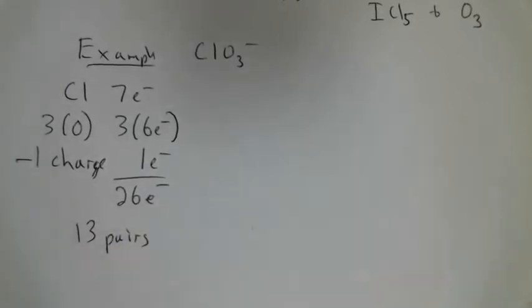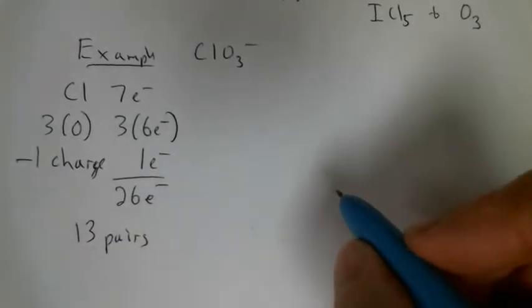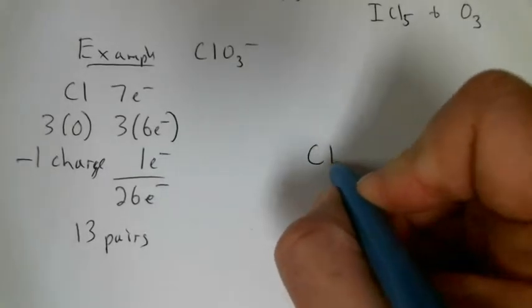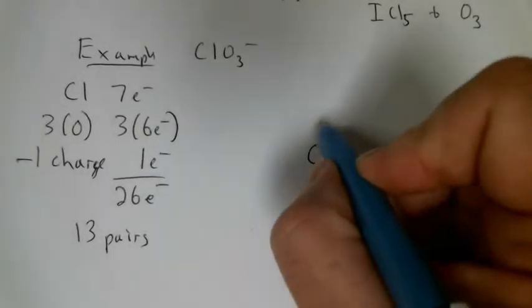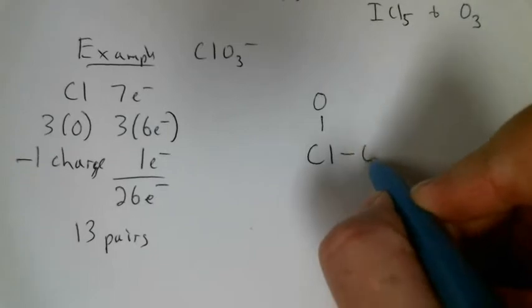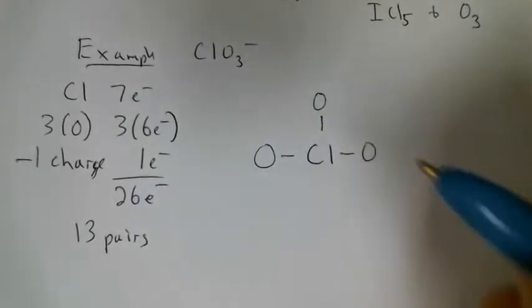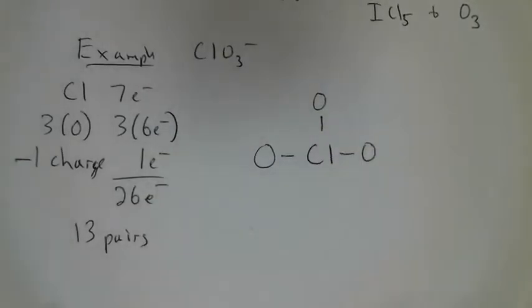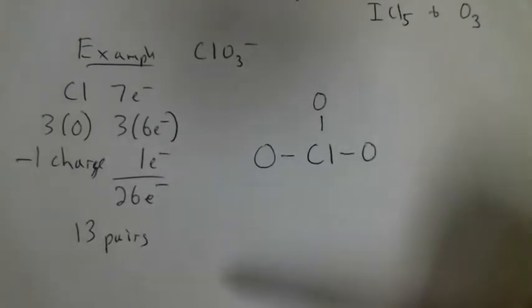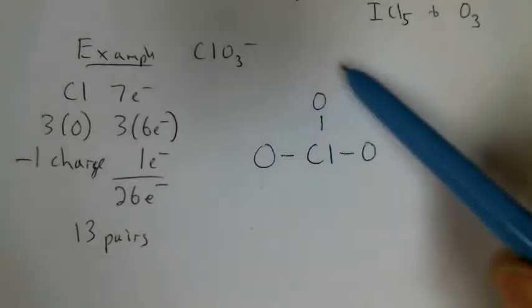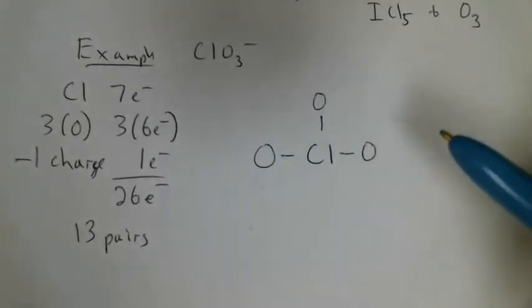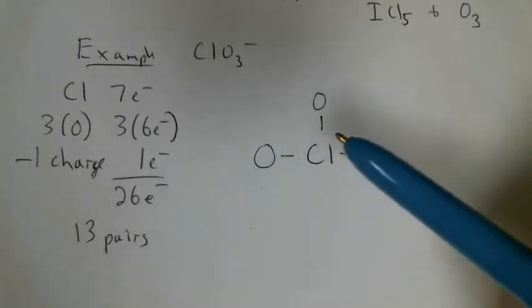Okay, so in writing the Lewis structure then, we're just going to stick the first atom in the middle, and then we'll connect oxygens to it with single bonds. And then now we'll just put the rest of the electron pairs around the structure and then move around as we have to follow the octet rule.